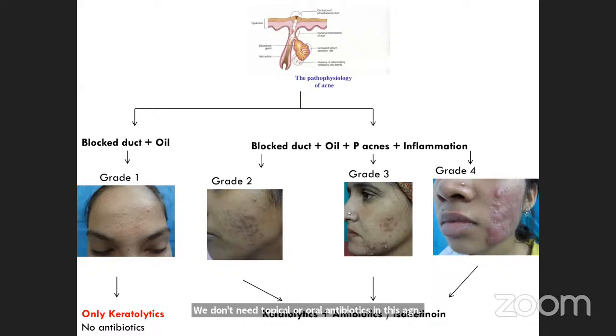And the rest, grade 2, 3, and 4, we know all the pathophysiological processes: the blocked duct, the oil secretion, Propionibacterium acnes, and the resultant inflammation has set in, in different grades of severity. And so along with your keratolytics, you also have to add antibiotics or isotretinoin depending on the inflammation.